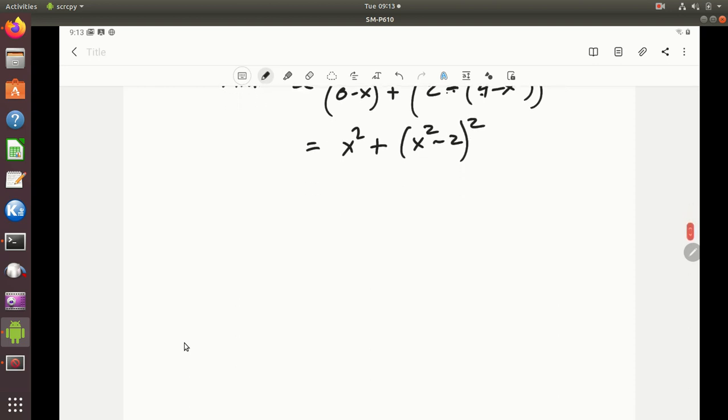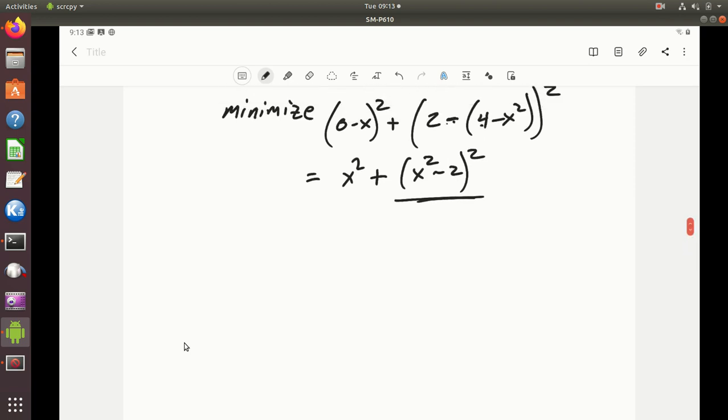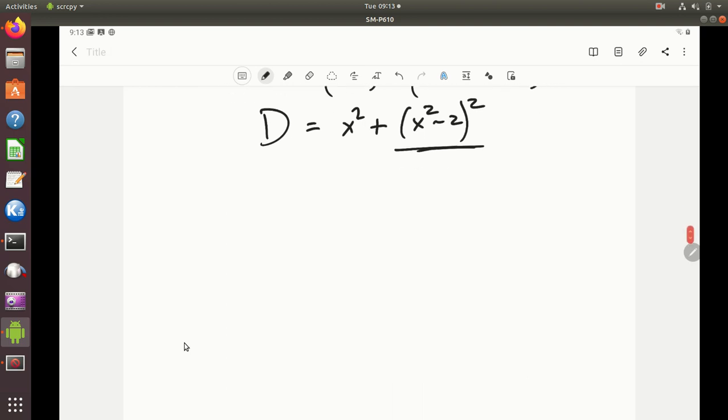Alright, so at this point I can either use the chain rule or I can multiply this thing out. I think I'm just going to go ahead and use the chain rule. So this d squared, what should we call it? I don't know, I'll call it big D. How about that?